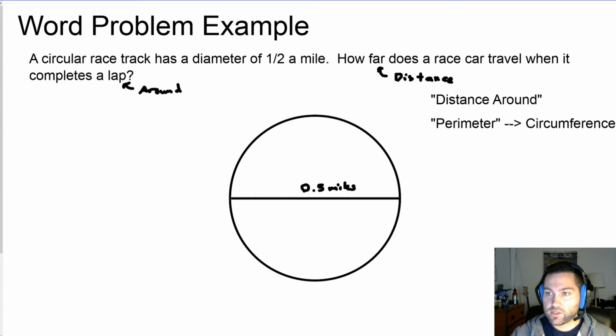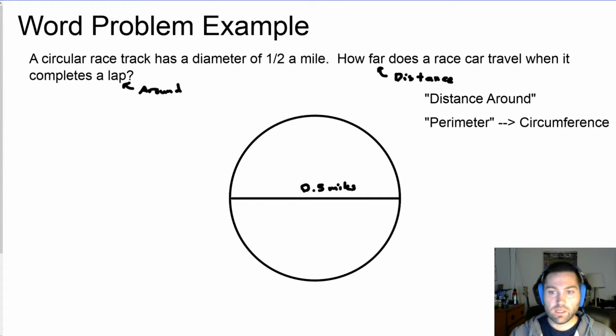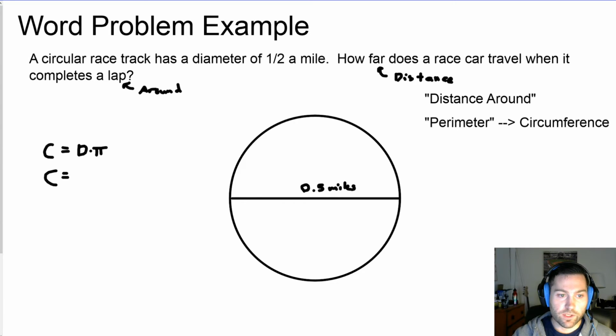And so I'm going to be using the formula C is equal to the diameter times pi. So I'm just going to plug in 0.5 for the diameter times pi. And half of pi, if that's the exact answer, by the way, would be 1/2 pi miles.